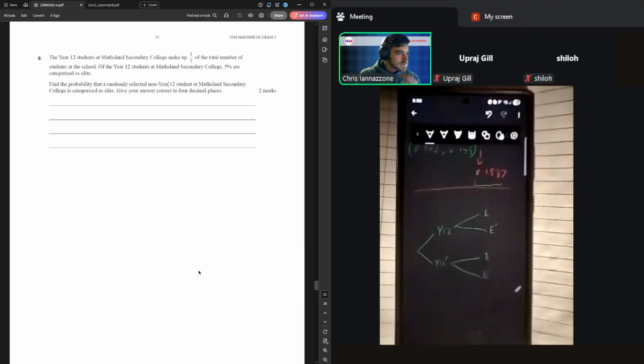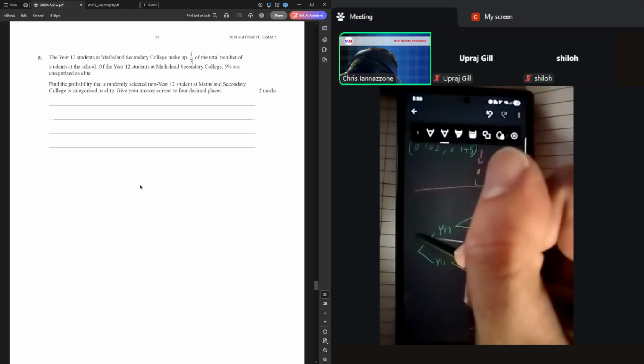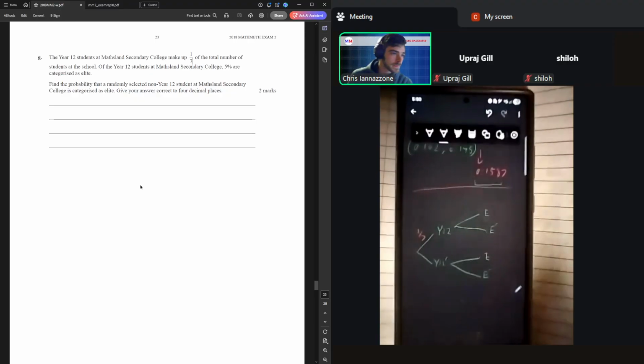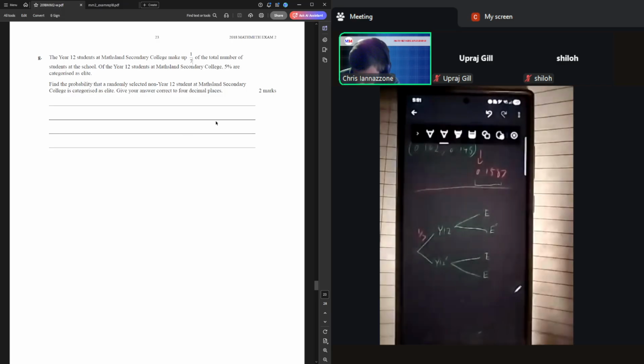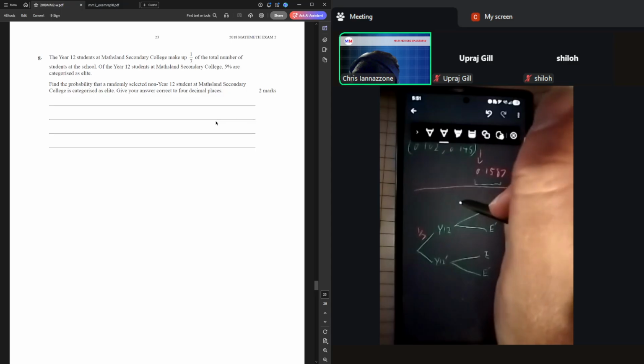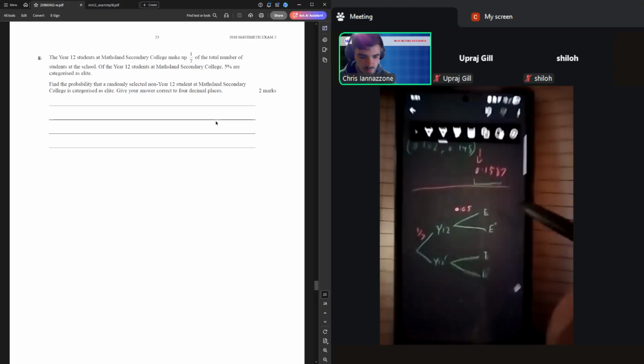We can start filling out a few of these things. For instance, Year 12s are a seventh of the total number of students, so this will be 1 out of 7. And of those, 5% are elite. So you could do 5 over 100, 1 over 20, 0.05, however you want to write that probability.